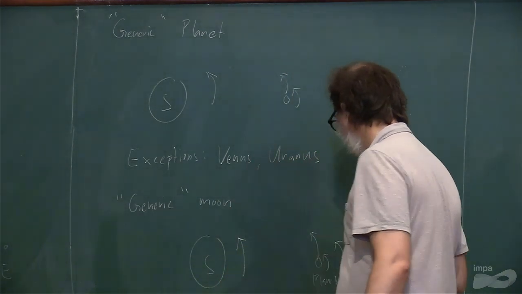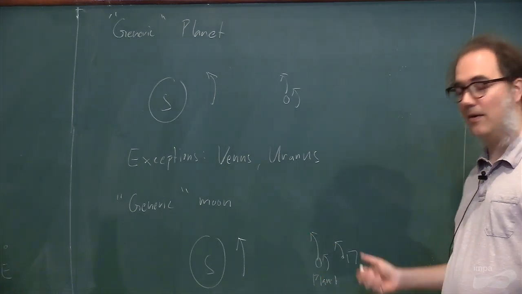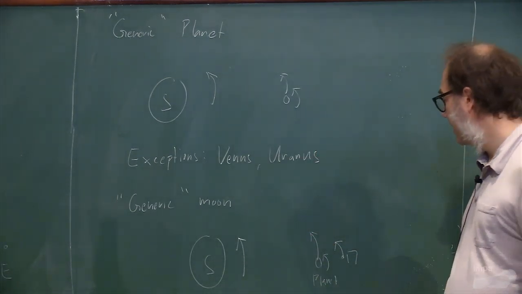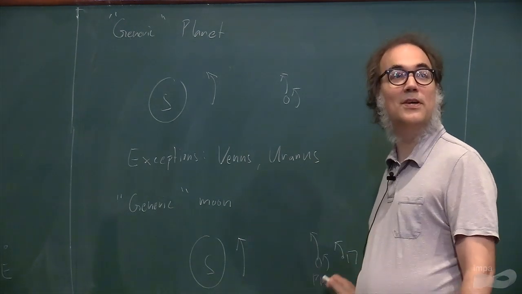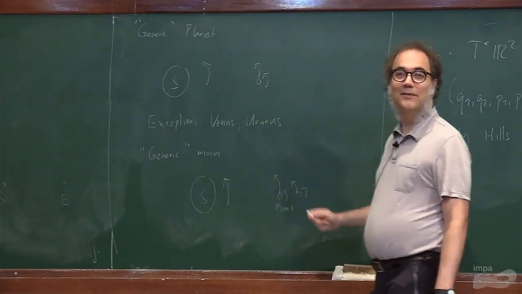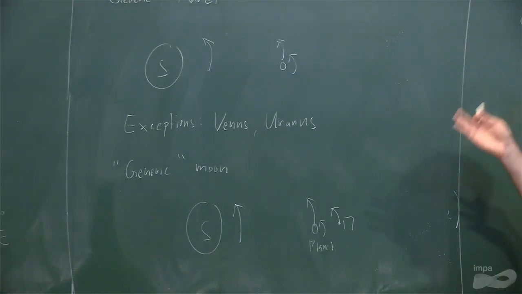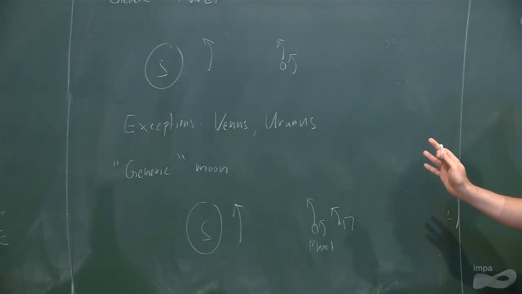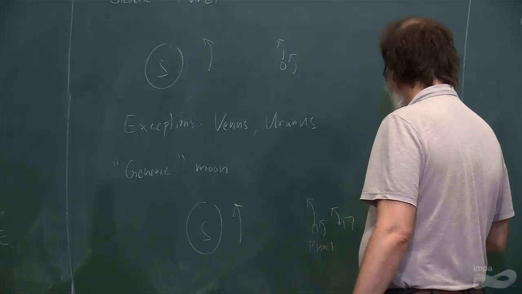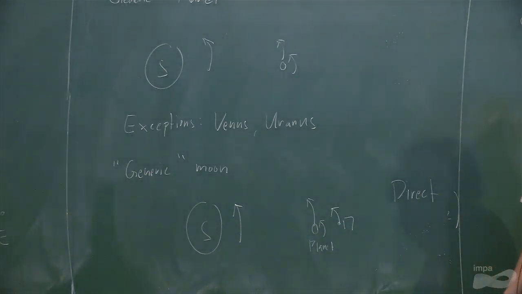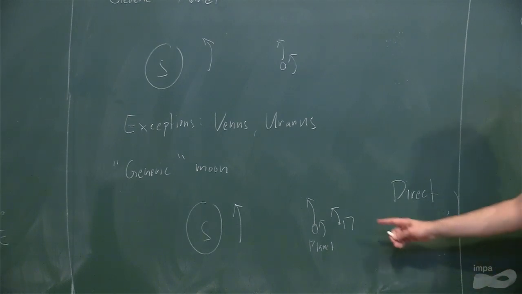Here is the moon, goes like this. Everything in the same direction, and it's more or less periodic. So this is almost a kind of periodic orbit, and this is called the direct case.